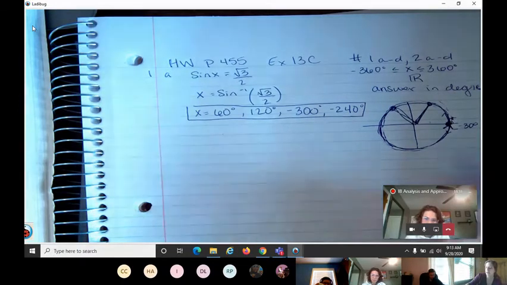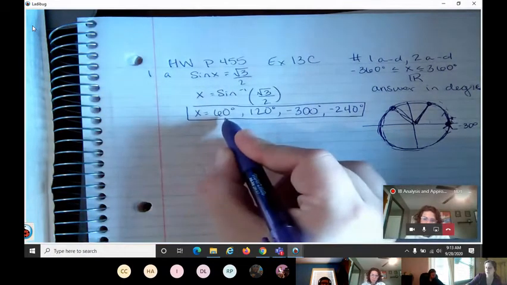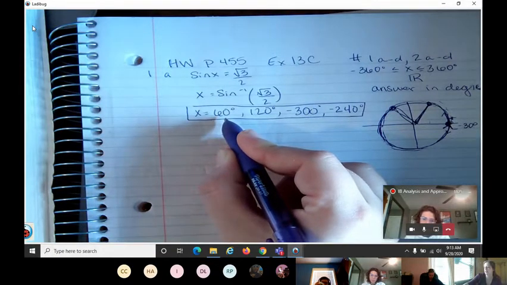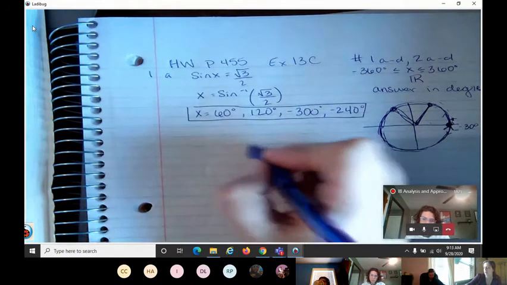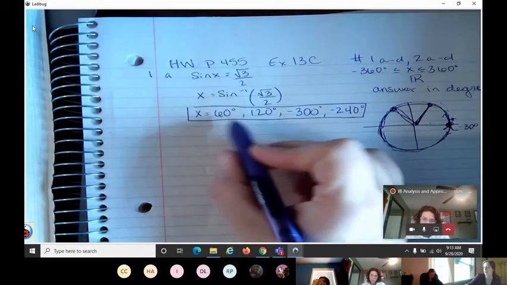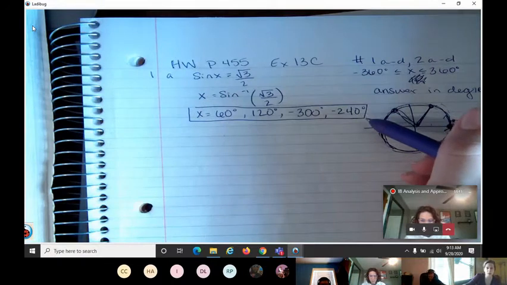And so you would write it in terms of multiples of 60, okay? And so you'd have like a variable that would produce each of these each time you subbed in the variable. It likely will not ask for that. It will likely only have a specific domain that you have a finite number of solutions on. So in this particular domain, we have 4 solutions.